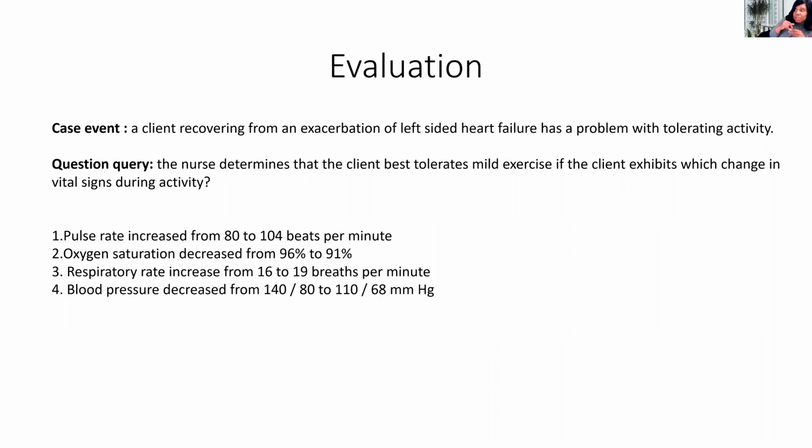So which changes during mild exercise indicates that the patient is tolerating? What can you eliminate first? The drop in BP. So you want to eliminate the drop in BP first.